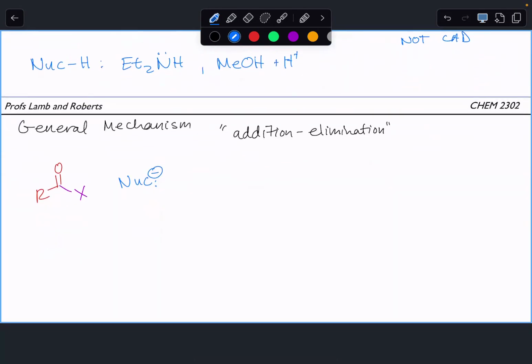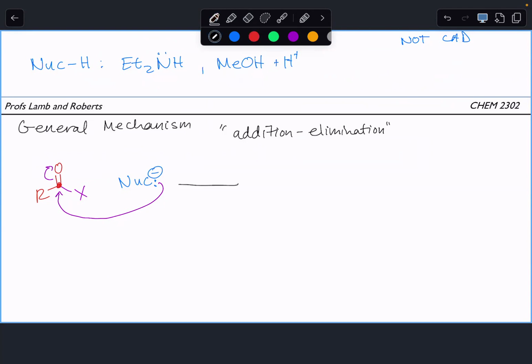Addition means that our nucleophile attacks our electrophile and we break the weakest bond, like every other reaction we have been learning. Our nucleophile is where the negative charge is. Always start the arrow pushing from the lone pair. Our electrophilic site is that carbonyl carbon, where we have that partial positive charge. Nucleophile attacks electrophile, break the pi bond.